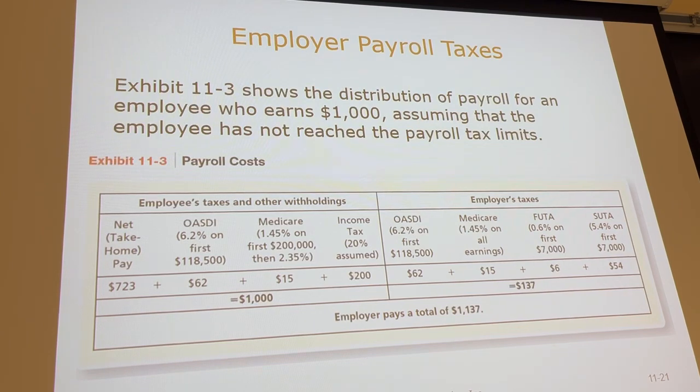And then after you've been in business for 3 years, you become experience rated. So during the first 3 years, if you've never laid off any employees, your tax rate goes down to 0.1%. If you've laid off lots of employees, then your tax rate goes up to the maximum of 5.4%.